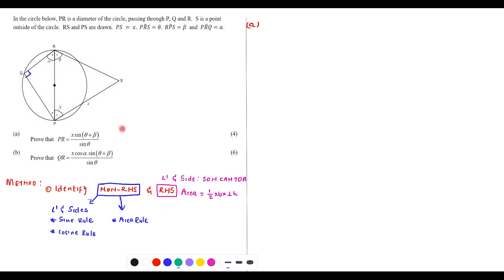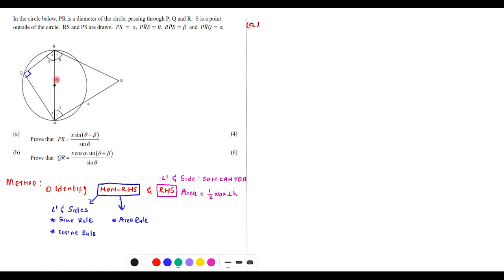Now when I'm looking at PR, I can see that PR is in triangle PQR and also in triangle PRS.